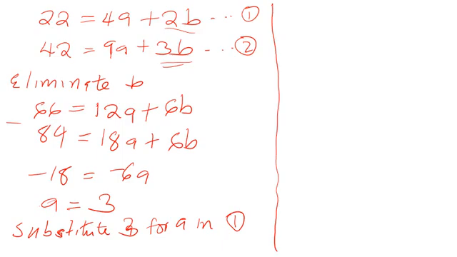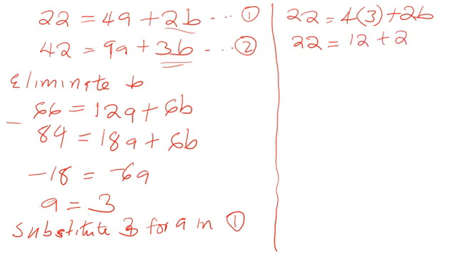So we can have 22 is equal to 4, this a we put 3, plus 2b. So 22 will be equal to 4 times 3, that's 12, plus 2b.